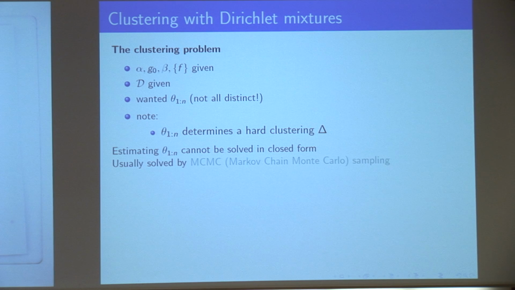The purpose, however, in clustering is not to generate new data, but to actually get the parameters that describe my points well, and group the points into clusters. Yeah, that's the purpose.